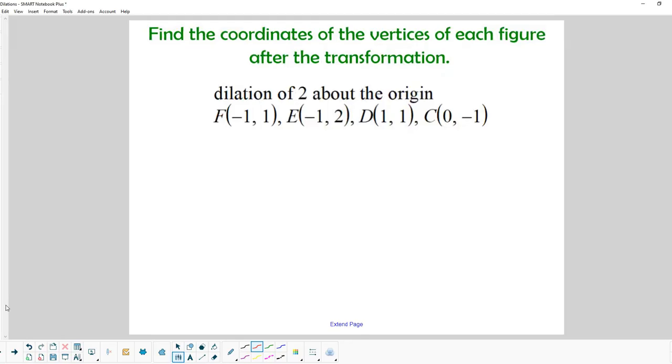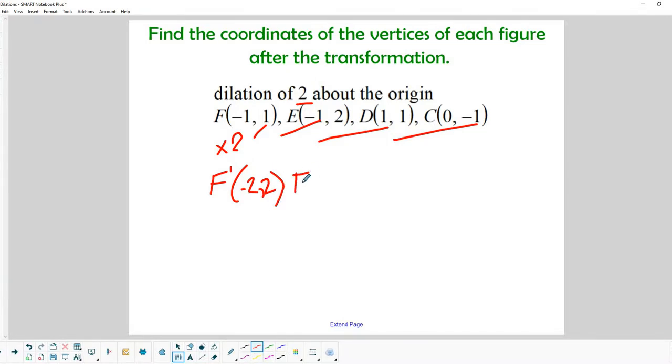All right, what if we have one like this? If we have a dilation about the origin of 2, that means we're going to double everything. So all we have to do really is to come along here and just multiply everything in here by 2 and double it. So our new F values will be negative 2 and 2.